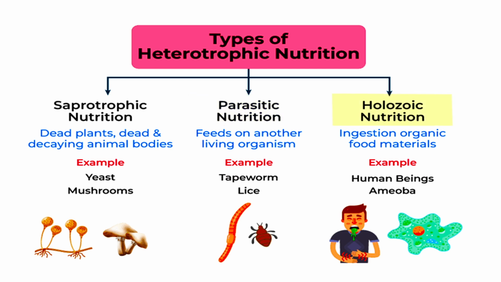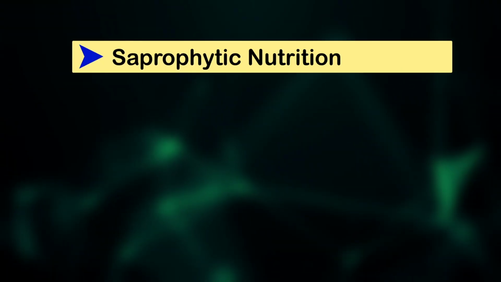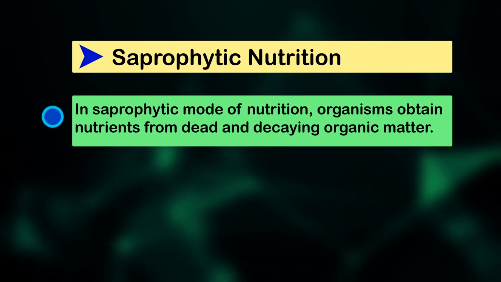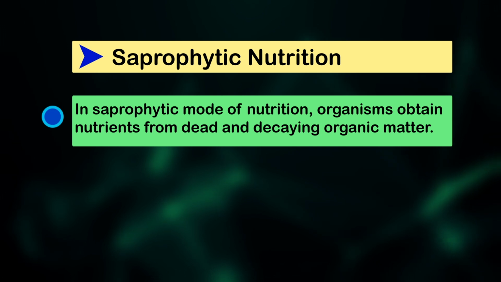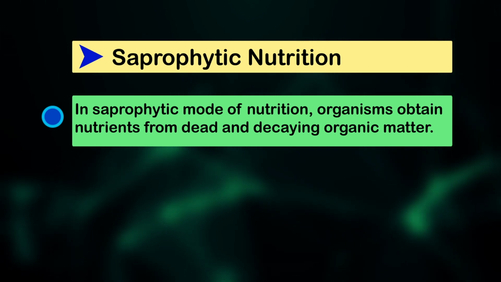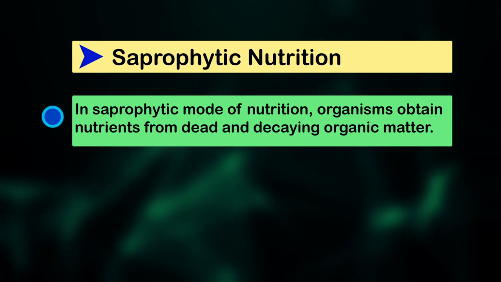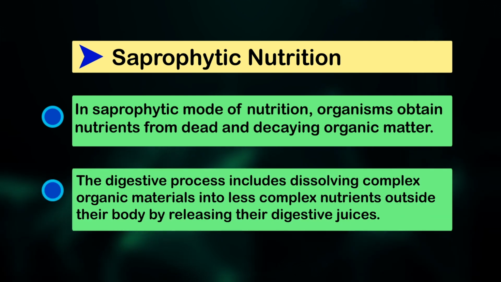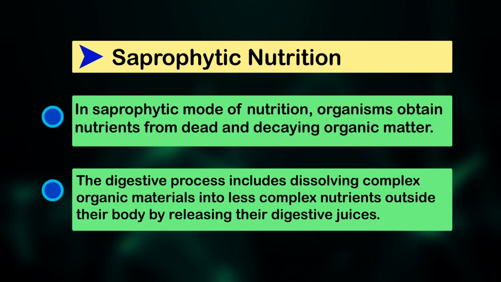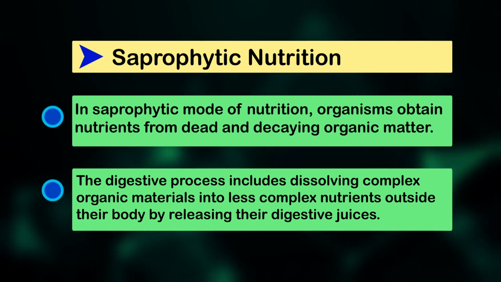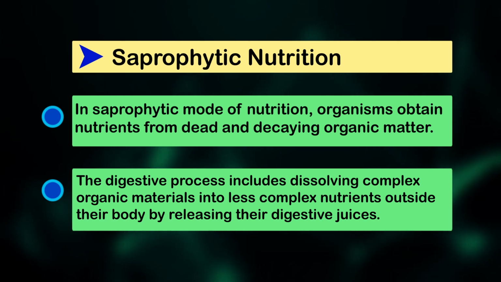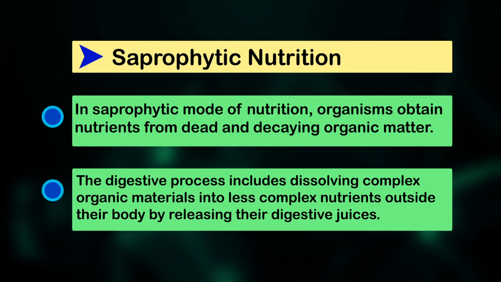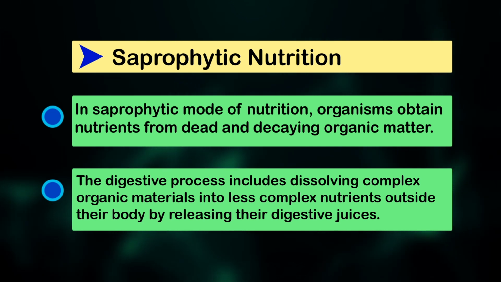So, looking into the details, saprophytic nutrition is basically where the organisms obtain nutrients from dead and decaying organic matter. The digestive process includes dissolving complex organic materials into less complex organic nutrients outside their body by releasing their digestive juices.